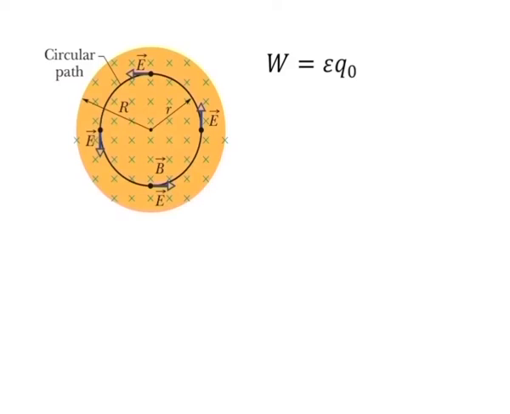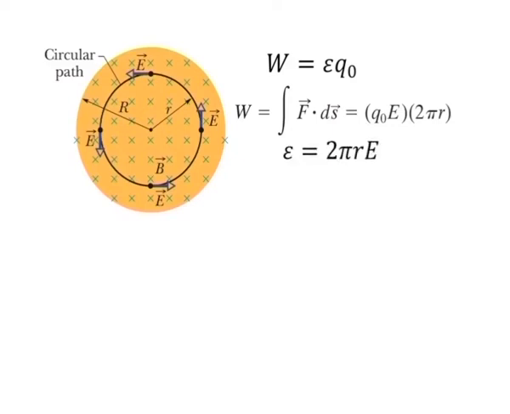From another point of view, the work is W = ∫F·ds, which is equal to Q0E times 2πr, where Q0E is the magnitude of the force acting on the test charge and 2πr is the distance over which the force acts. Setting these two expressions for W equal to each other and cancelling Q0, we find that ε = 2πr E.